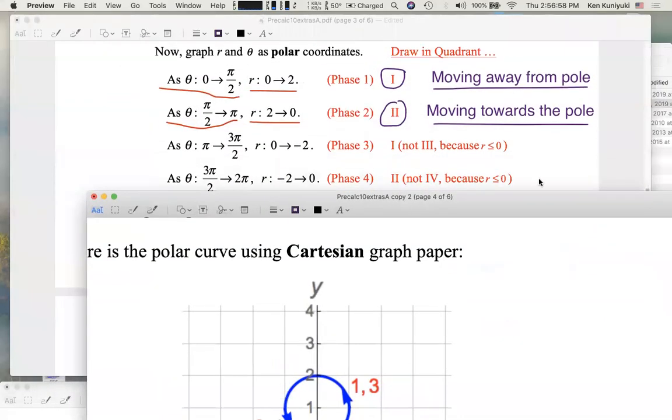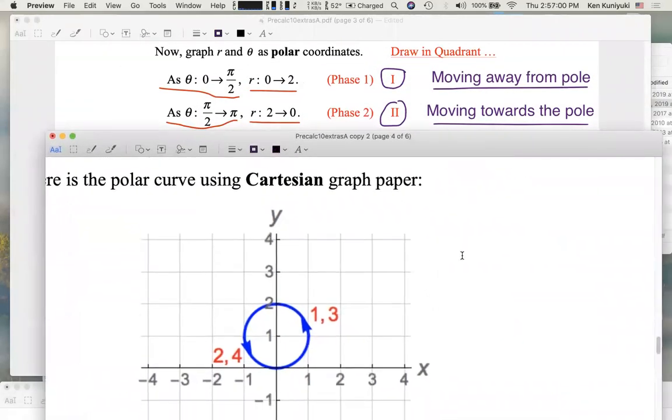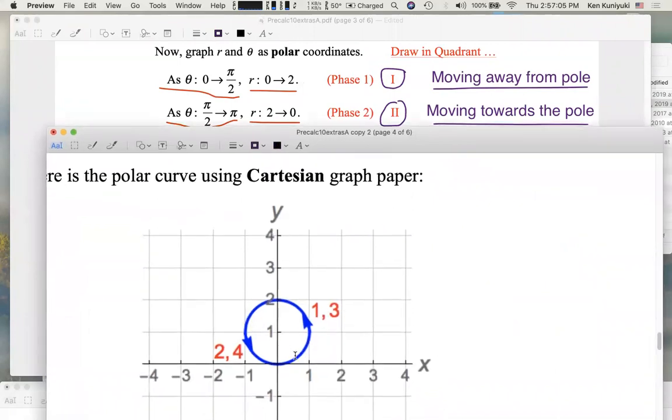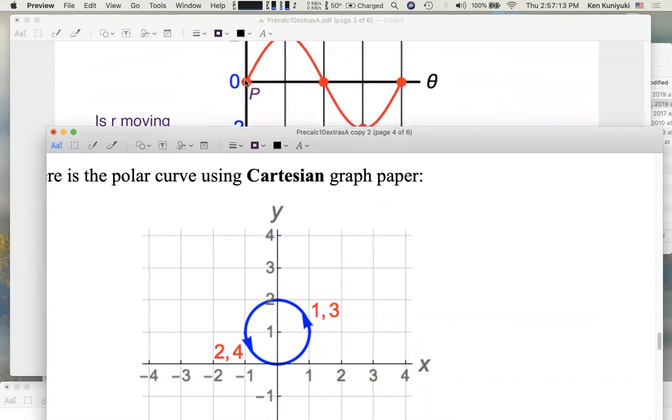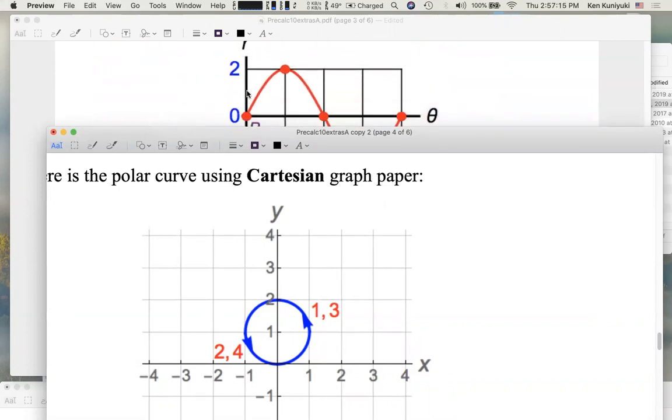All right. So again, in phase 1, we think we're in quadrant 1. We are in quadrant 1. R is positive in here, right? And when theta equals 0, r equals 0. That means that we start at the pole or origin when theta equals 0.